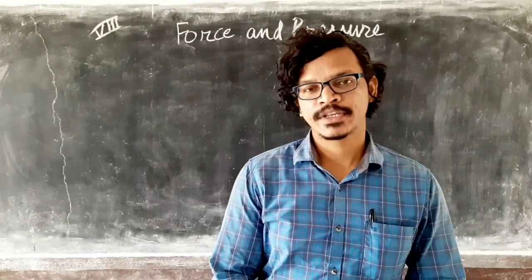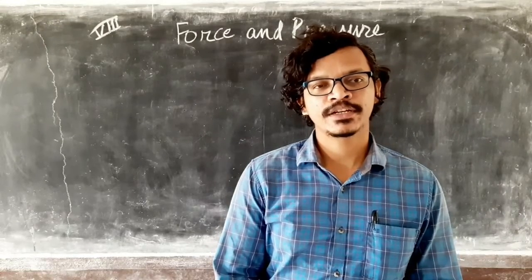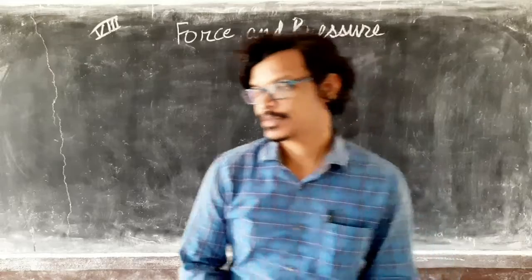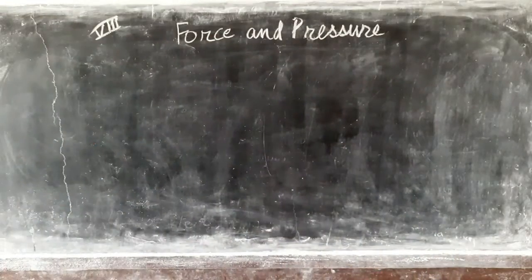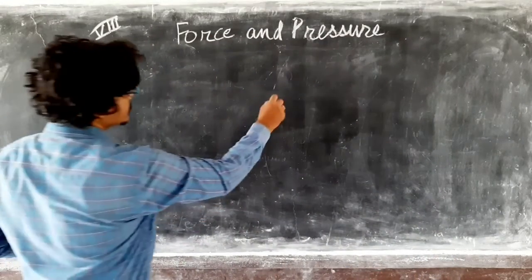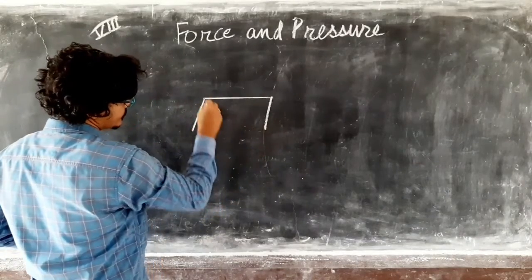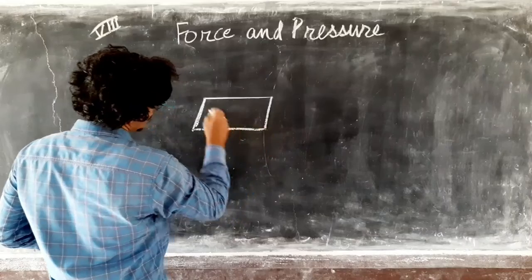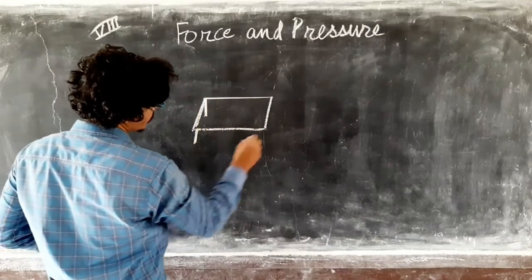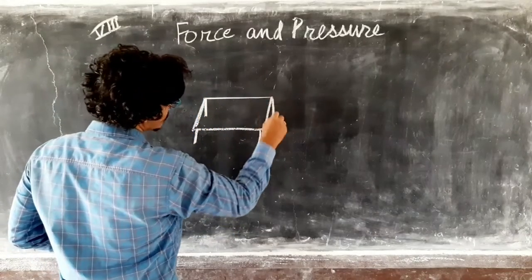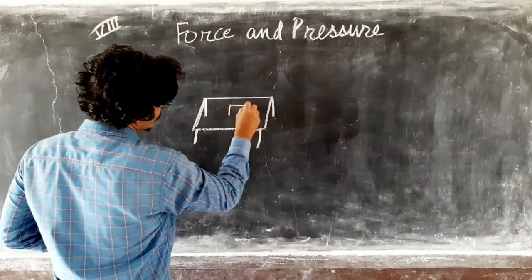What is pressure? Pressure is the force applied per unit area. That means, if this is some surface, let us say some table, and on this table some book is kept.